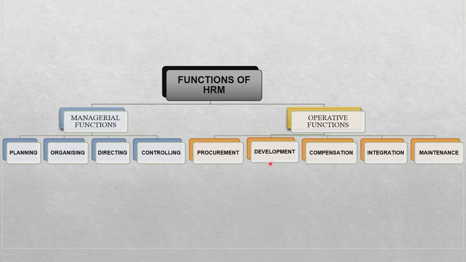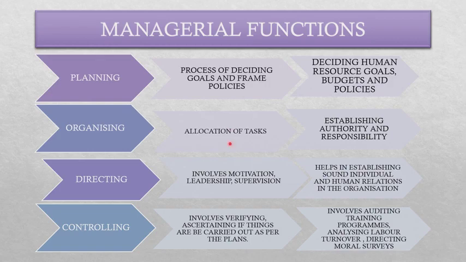So in this video I'll be mainly focusing on the managerial function of human resource management. The first kind of function is the managerial function. Like I earlier told you, it is about how you organize the efforts of people who are working within your organization.